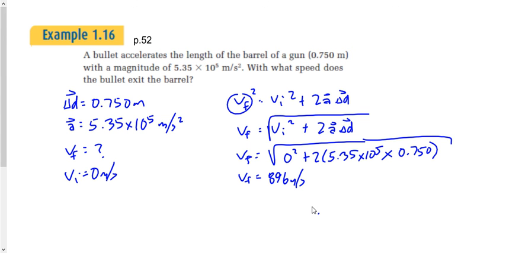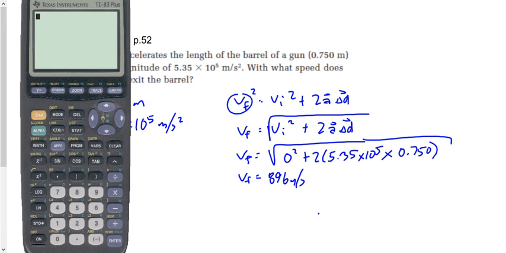Whenever you enter it into your calculator, it says error. Okay, come on up here for a second. Come on to the board. Just enter it in there. So we're saying 2 times 5.35.